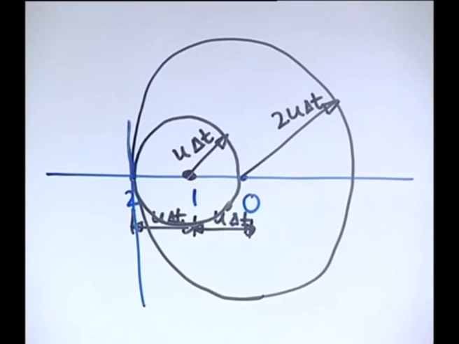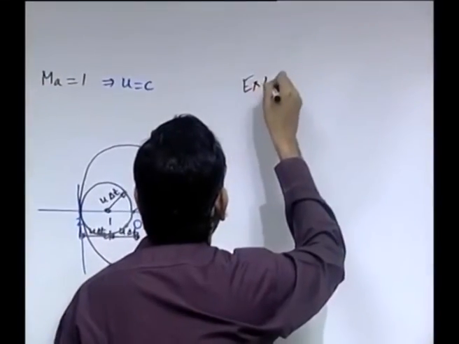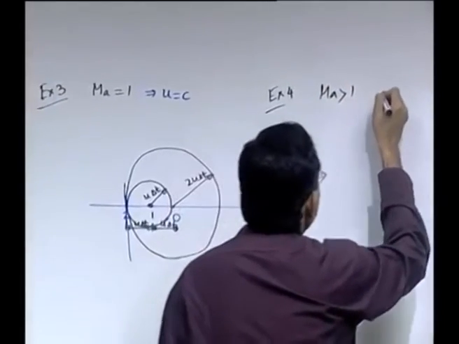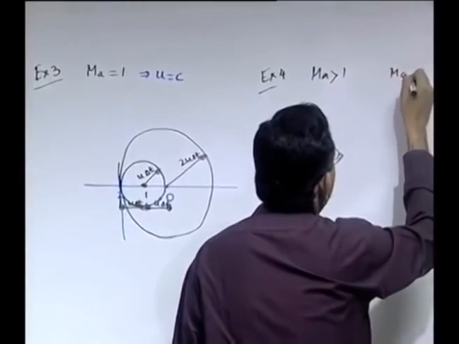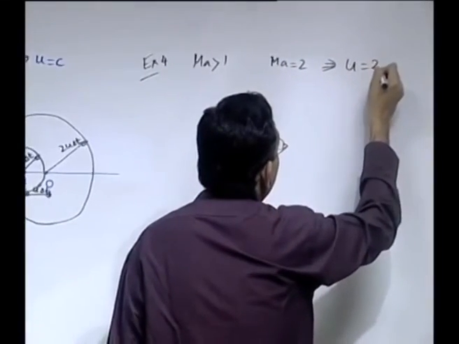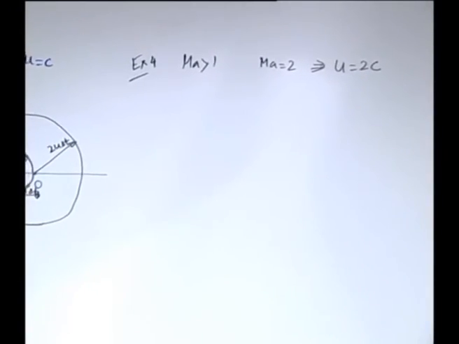Let us see a fourth example when Mach number is greater than 1. Let us say an example with Mach number equal to 2, which means u equal to 2c. So, the source of disturbance propagates at a faster rate than the disturbance itself.